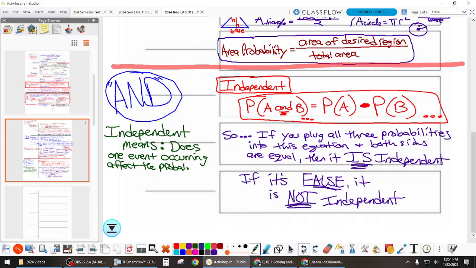Give me a second. If it's no, it equals independent.